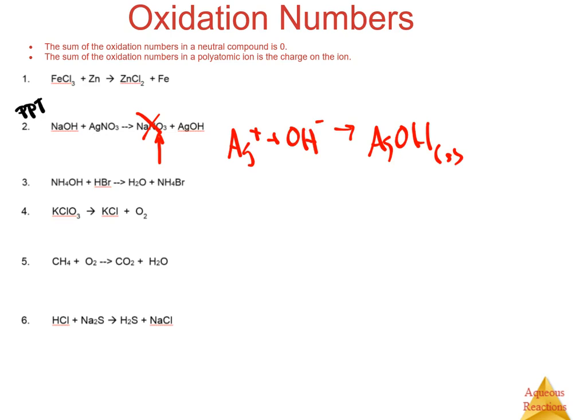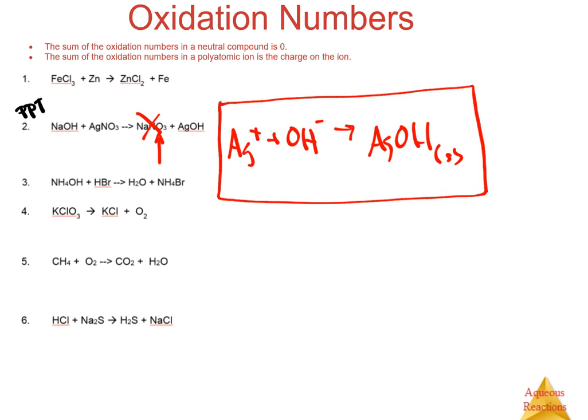You all right with that? Now, I think it was this hour someone said, I don't really get why we use net ionic equations. Well, the net ionic equation is what is actually literally combining in the reaction. We don't need to worry about Na or NO3 because they didn't do anything at all before or after or during the reaction.